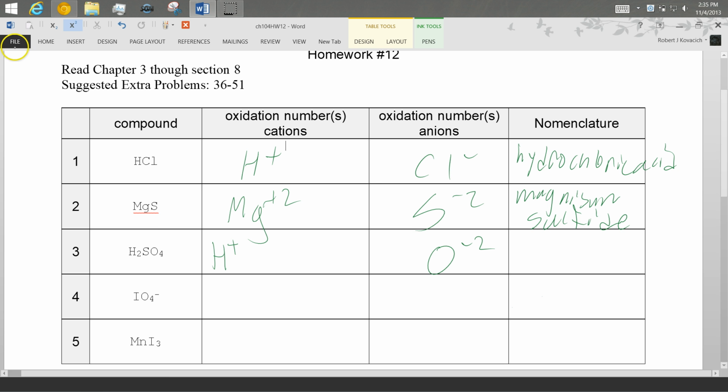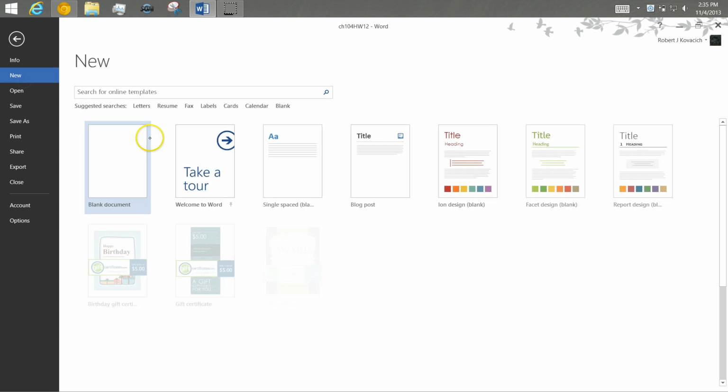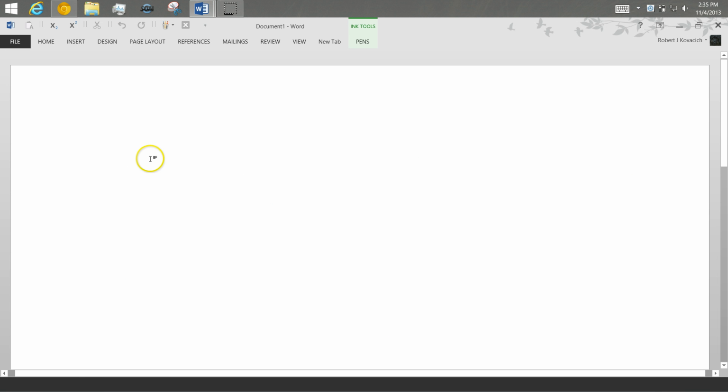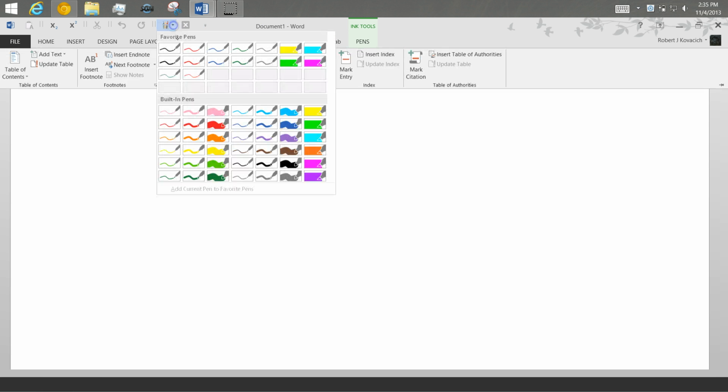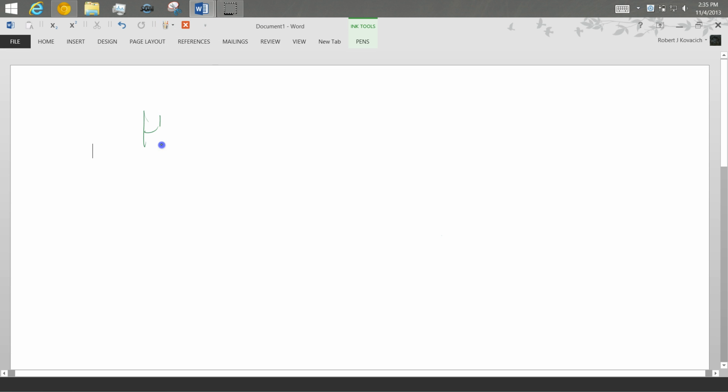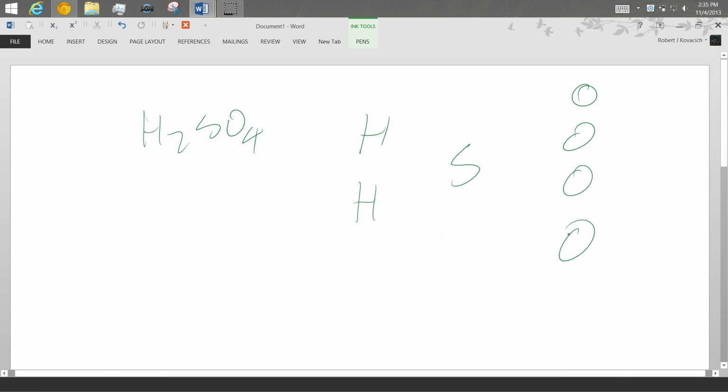Let me add something to this. H2SO4, and I've got an H and an H and an S and an O and an O and an O and an O. And the charge has to equal 0 when I'm finished with this.